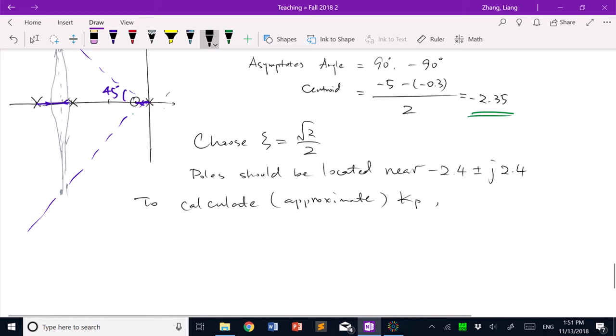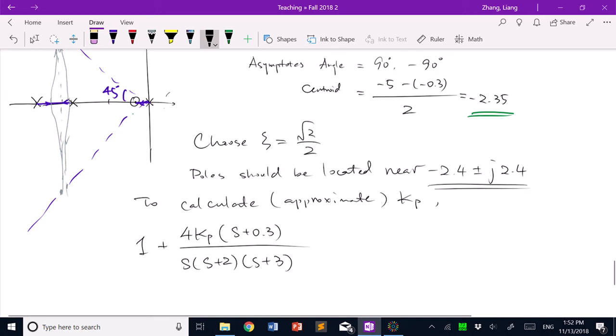We do the following. We know for sure that if we find the exact location of the pole, I can plug that into the characteristic equation, and this should hold.